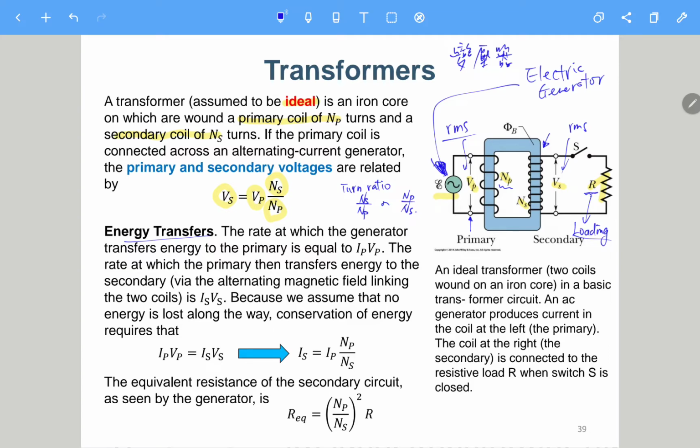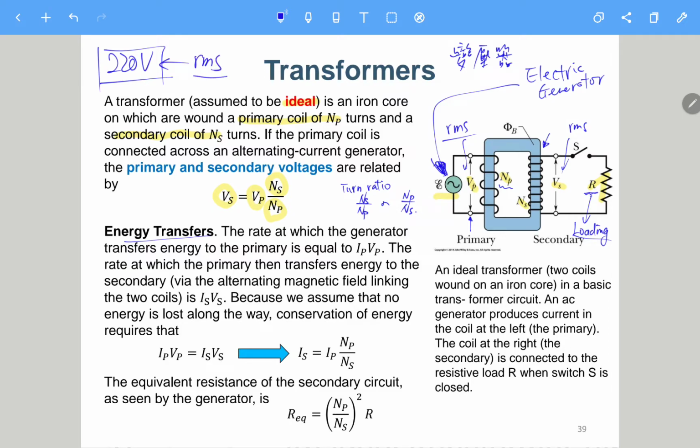And then you need transformers in different stages to down-convert the voltage, so that in our home or normal use, we use 220 volt in Macau. This 220 volt is also an RMS value.